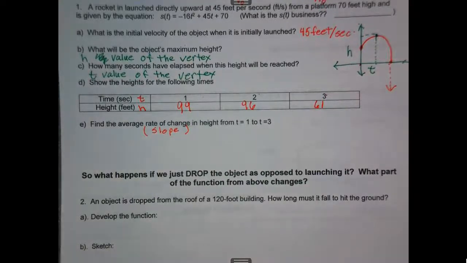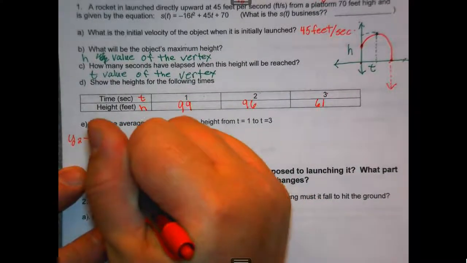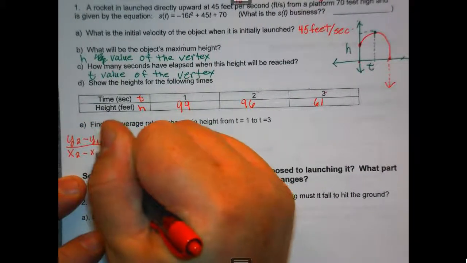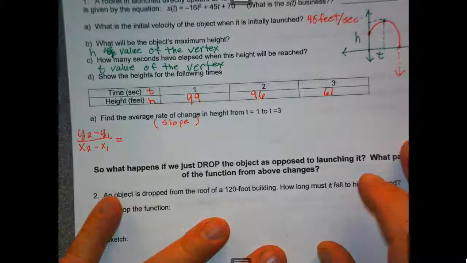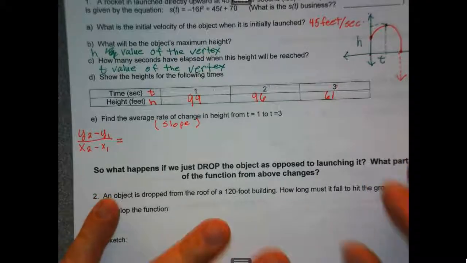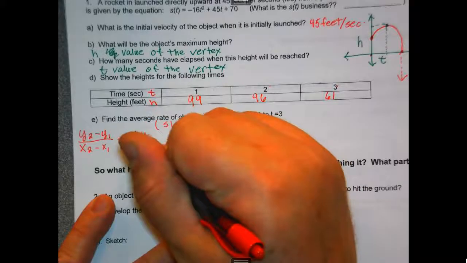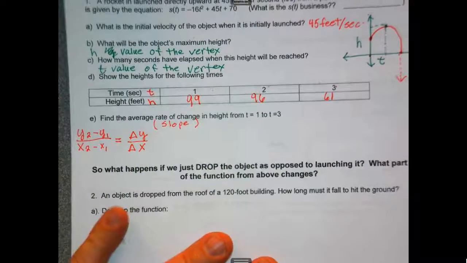Do you remember the formula for slope? y2 minus y1 over x2 minus x1. In mathematics, we don't say y2 minus y1 over x2 minus x1. We use the change in y over the change in x. That little triangle symbol is called delta.